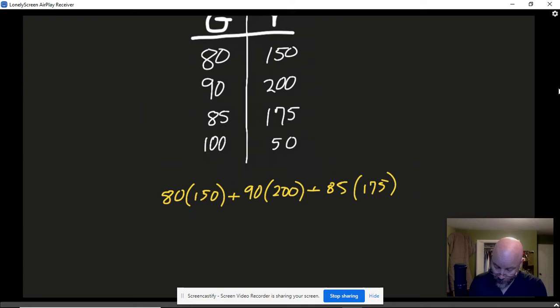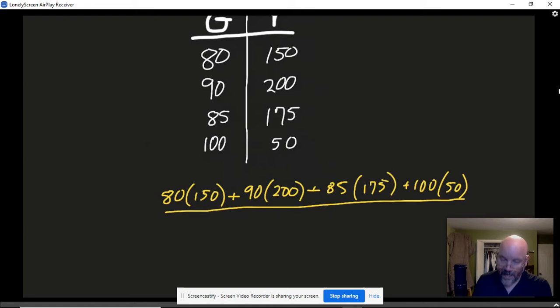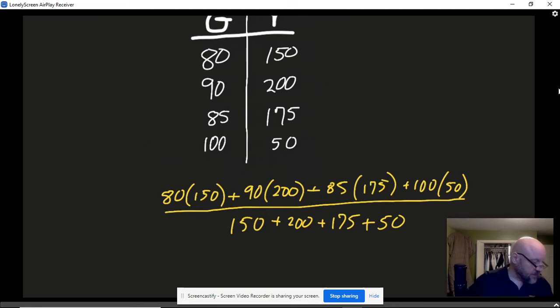So we get all of those grades multiplied by their weight. And then we divide by all of the weights: 150 plus 200 plus 175 plus 50.